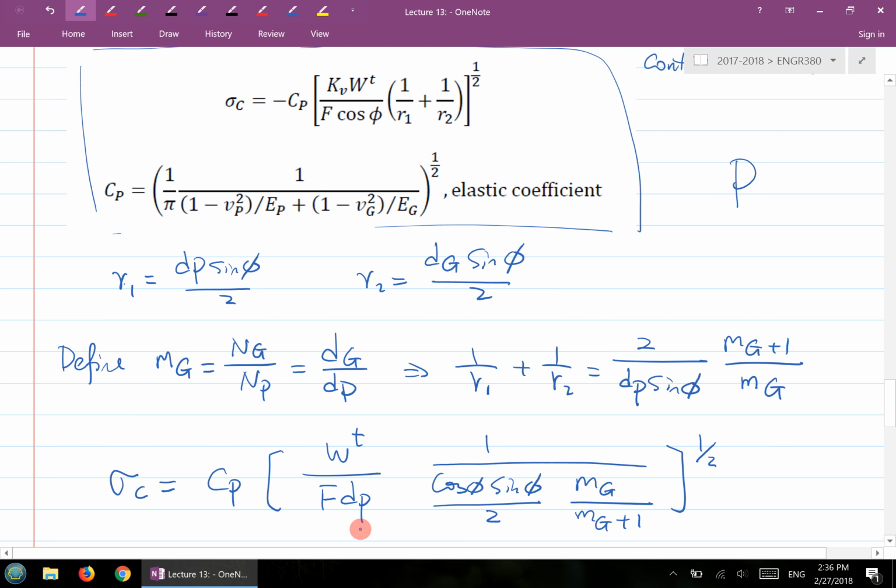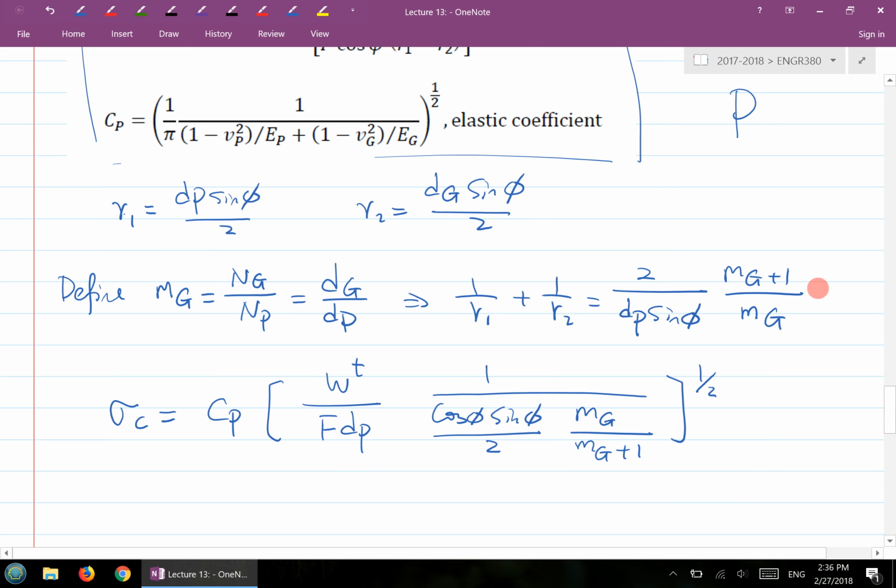Okay, good. So this equation here, and the Cp is still this expression, which is called the elastic coefficient. This equation serves as the basic expression for the contact stress, and it is also called the Buckingham equation.